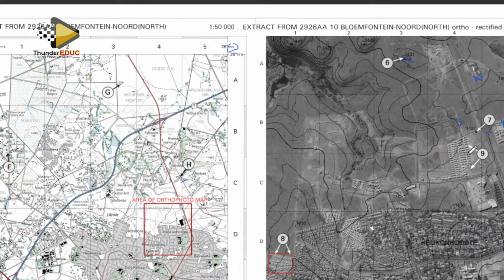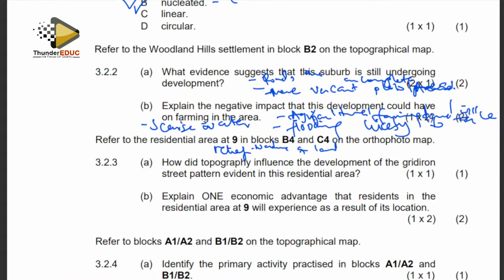This area here, you see there's the nature of the road, the construction here is in the form of those blocks or grids. How did the topography, the nature of the land, influence the grid structure?